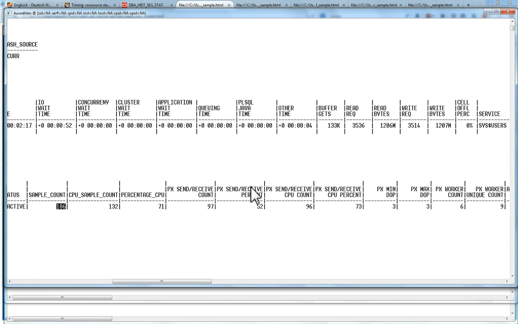And the same I repeat for the CPU part. So typically sending and receiving of data is CPU intensive, but in case of cross-instance parallel execution, you might even have network activity, because the data must then be sent and received via these private interconnect links between the instances.